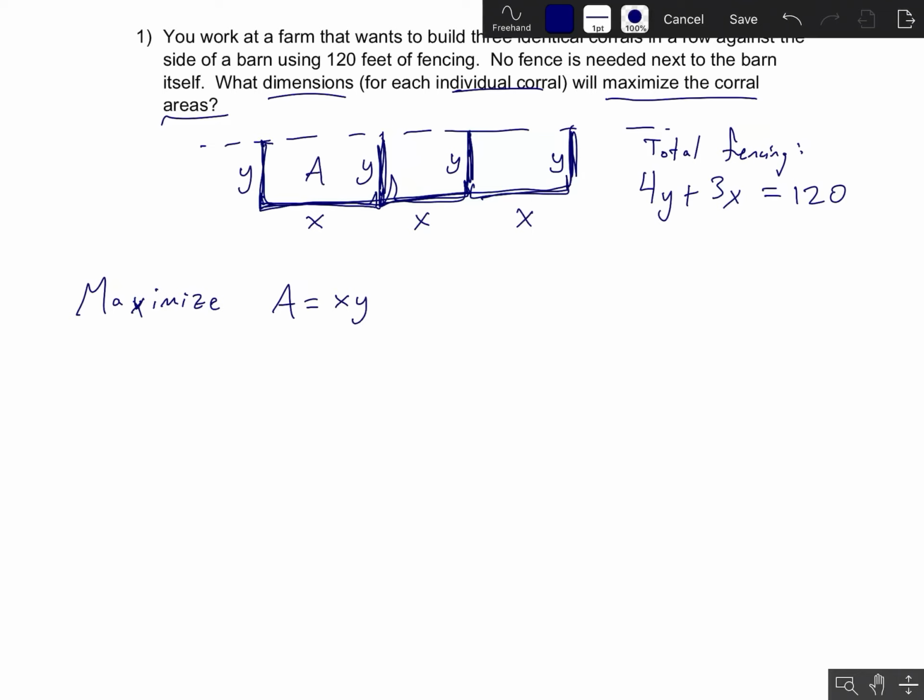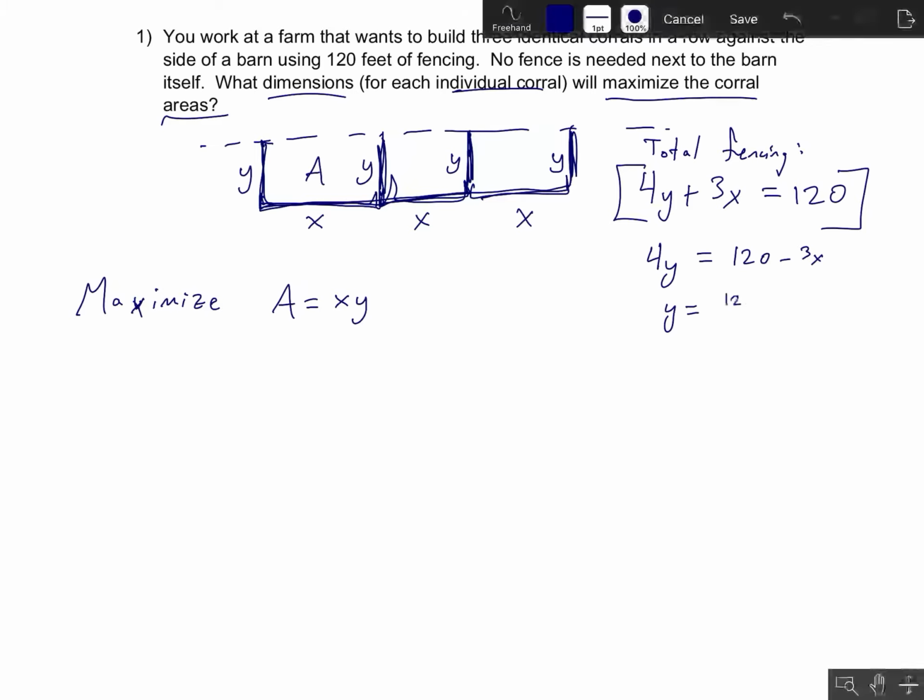I want this to be a function of x so that I can take the derivative and look for critical points. But thankfully we can use this relationship that we found a second ago to solve for y and turn this function A into a function of a single variable. So notice that if I subtract 3x from both sides, I get that 4y is equal to 120 minus 3x.